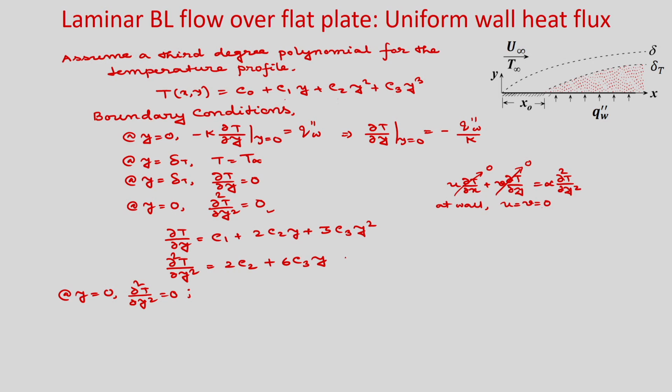If you satisfy this, from this equation you can see C2 will be 0. Then at y equal to 0 you have del T by del y equal to minus q double prime w by k. So, this is your del T by del y. At y equal to 0, the last 2 terms will become 0, so that will give C1 equal to minus q double prime w by k.